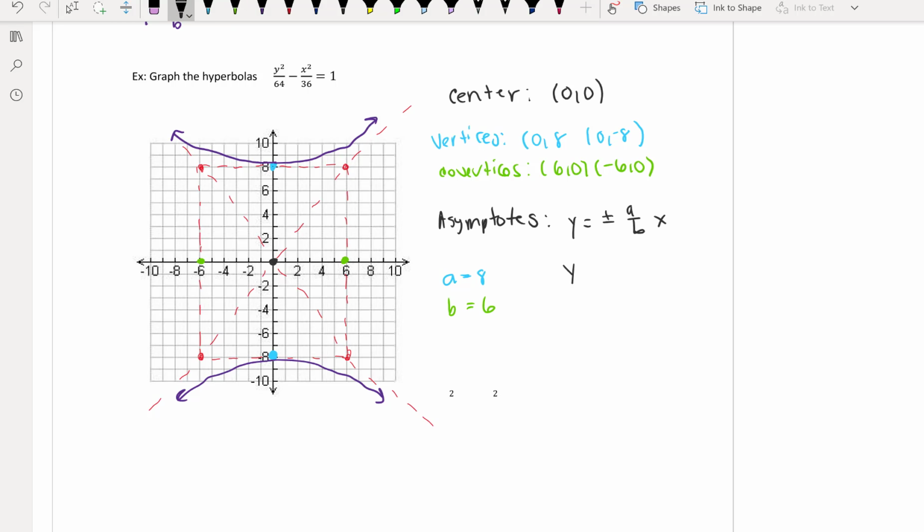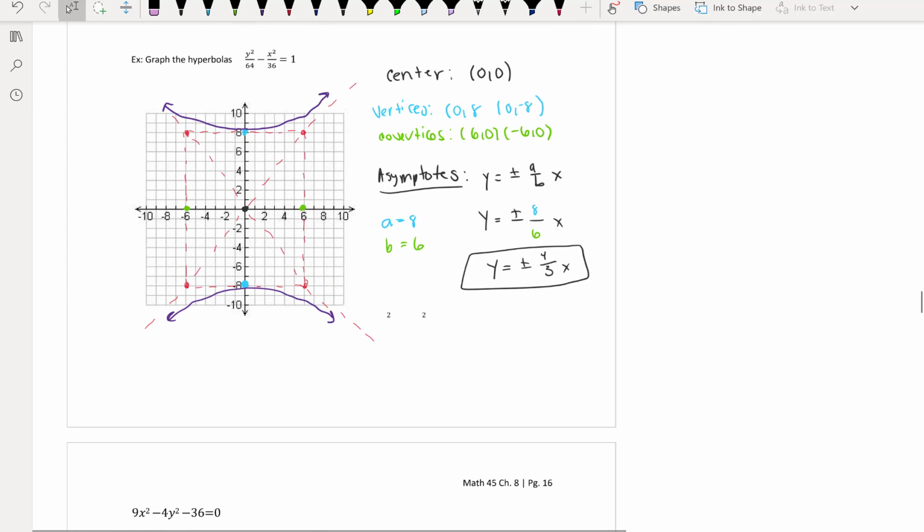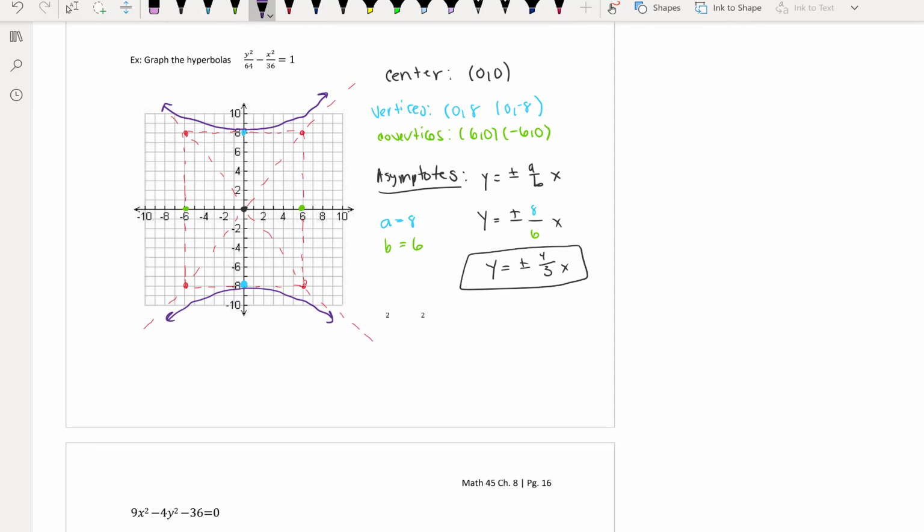So I have that y is equal to plus or minus 8 divided by 6x. Or better yet, to reduce it, the asymptotes are going to be plus or minus 4 thirds x for your asymptotes. And of course, if they ask for the foci, you can also give me the foci.